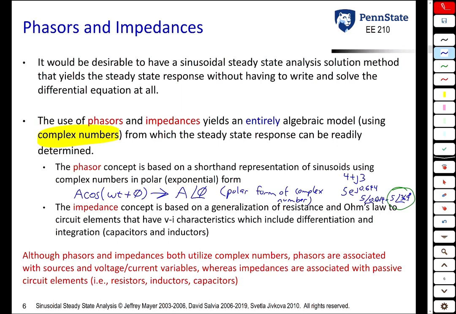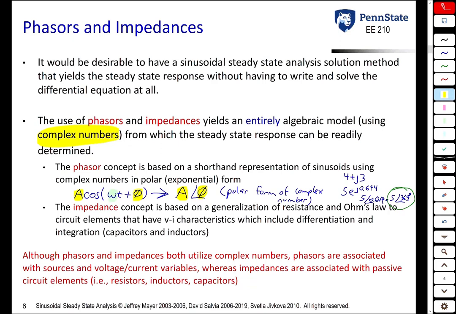The idea here is there are three important pieces of information in the sinusoid. There's the magnitude, there's a frequency of operation, and there's the phase. The complex number in polar form allows us to keep track of two of those three. Notice the omega doesn't show up at all in this complex number.